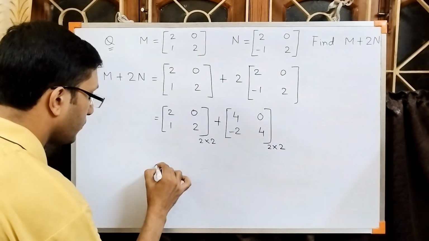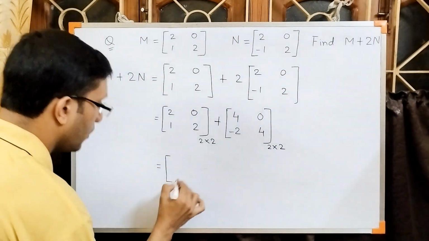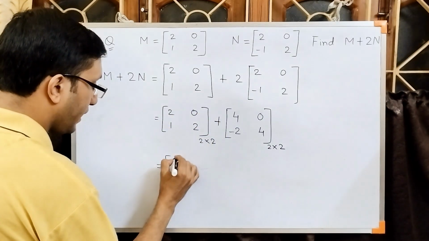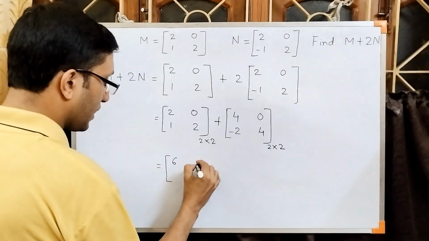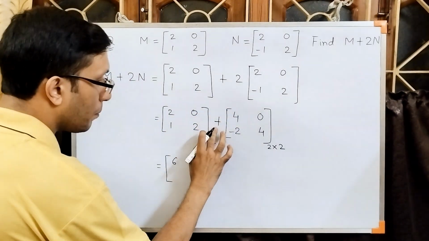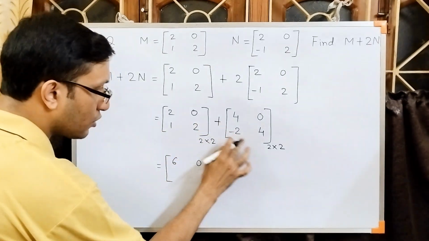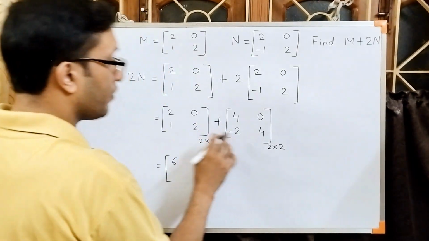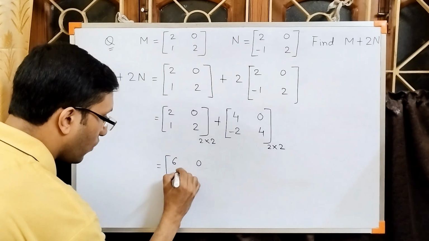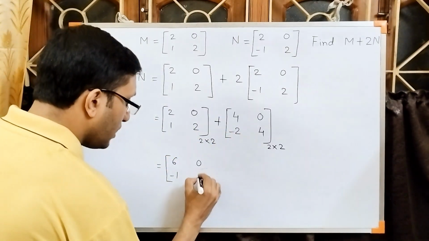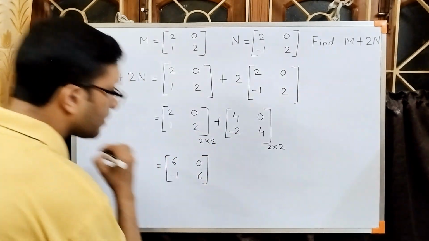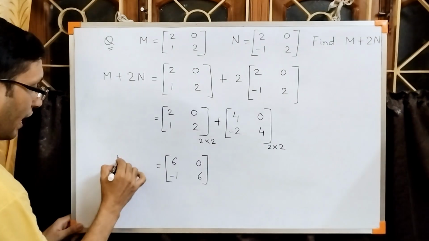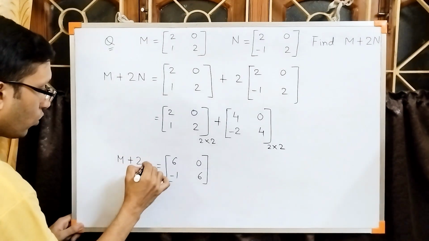So 2 plus 4, that is 6, 0 plus 0, that is 0, 1 plus of minus 2, that is 1 minus 2, because positive into negative is negative, so 1 minus 2 is minus 1, and 2 plus 4 is 6. So this is the final value of M plus 2N.